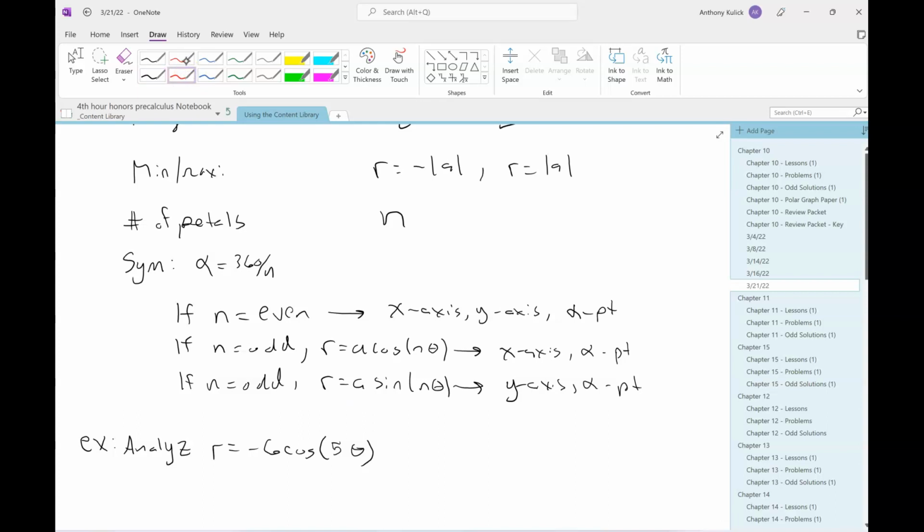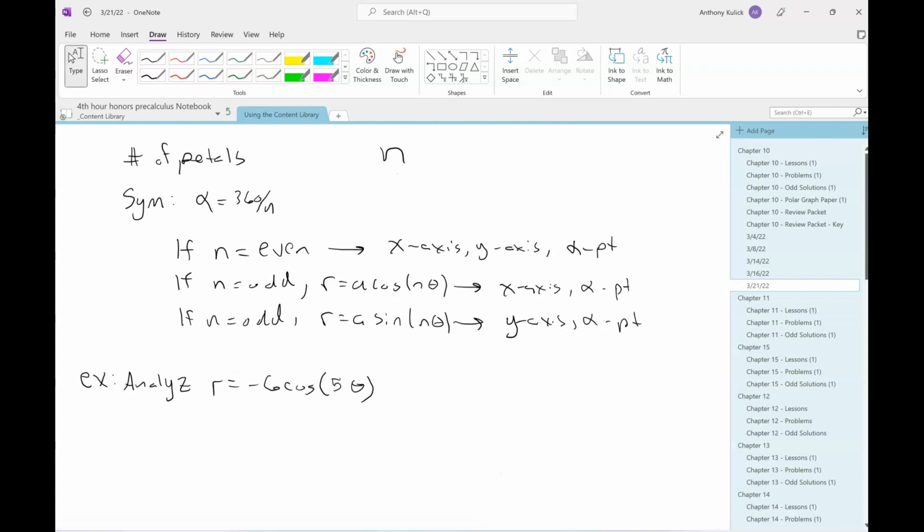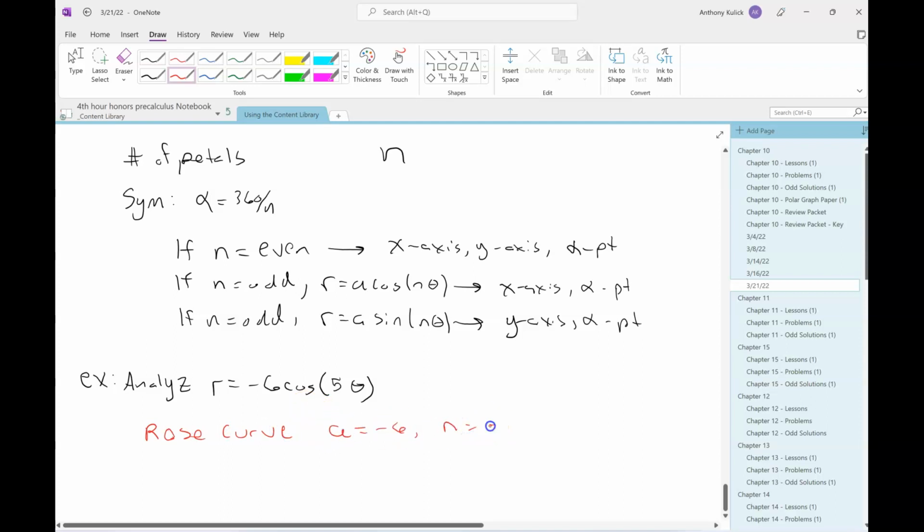So if we wanted you to analyze something like r equals -6 cosine 5 theta, we would identify, okay, this is a rose curve. The a is -6 and the n is 5. So we know that the domain is going to just be all real numbers.